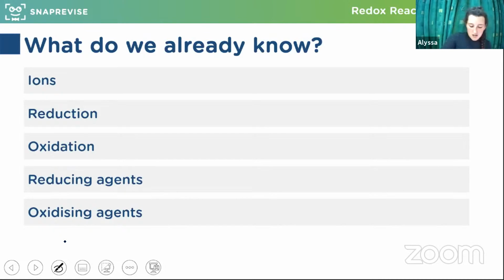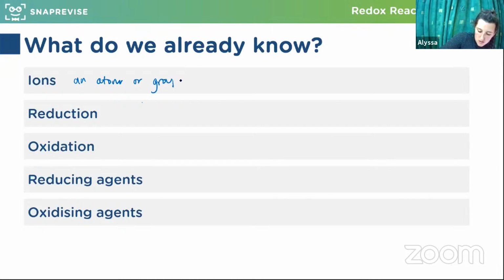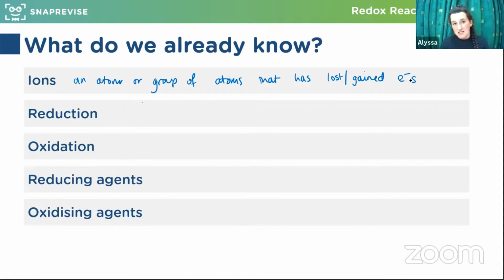So an ion is an atom or group of atoms that has lost or gained electrons. I'm going to be really lazy and just write e- because that's what we use when we write half equations.